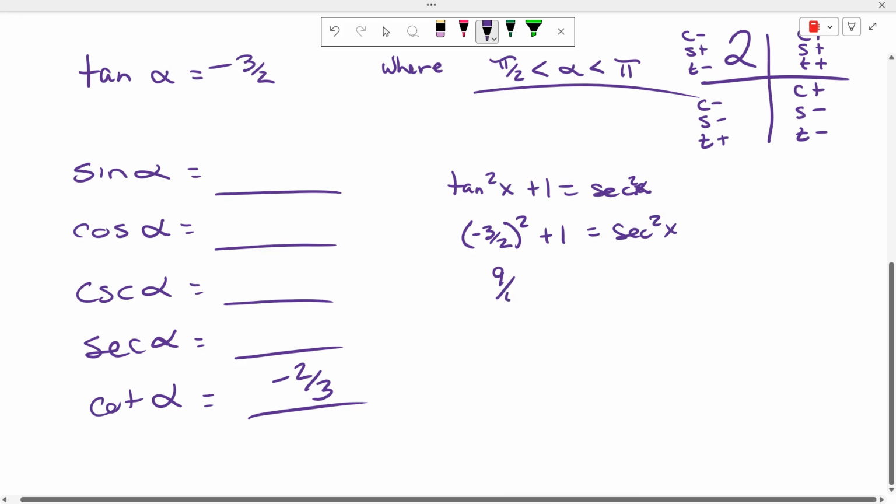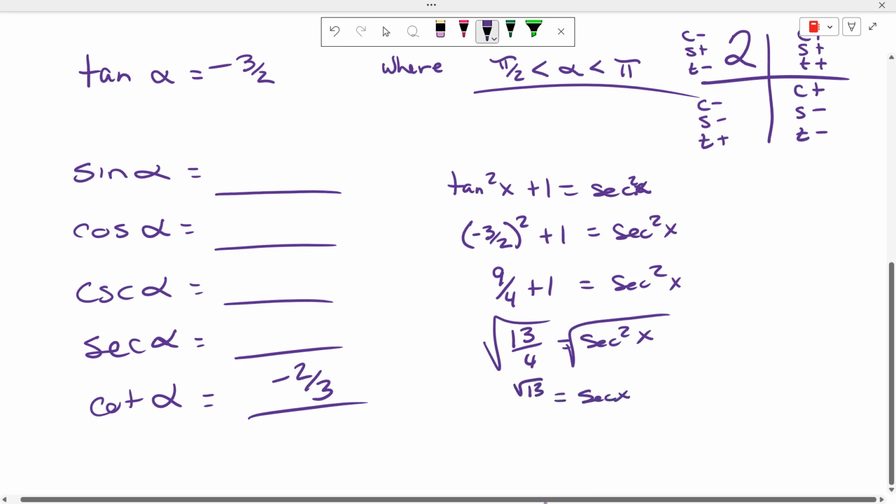So 9 fourths plus 1 equals secant squared. 1 is 4 fourths. What's 9 fourths plus 4 fourths? So 13 fourths equals secant squared. So if we take the square root, secant of x equals the square root of 13 over 2.